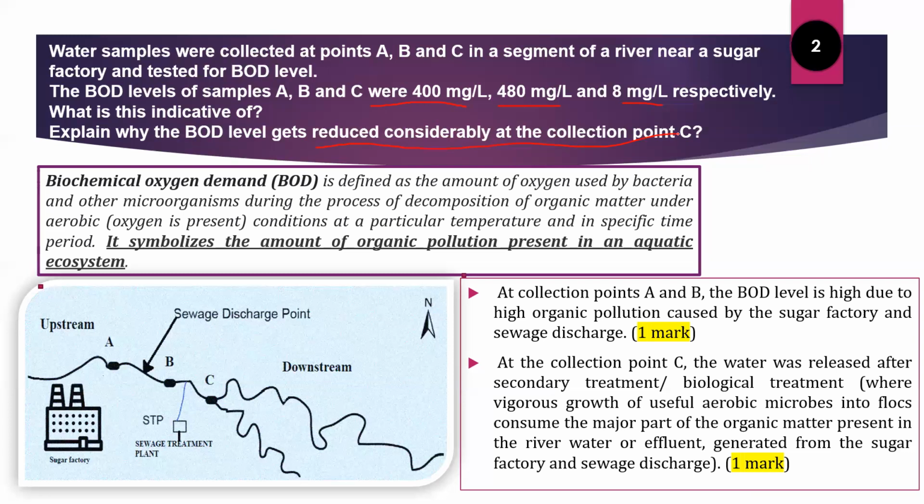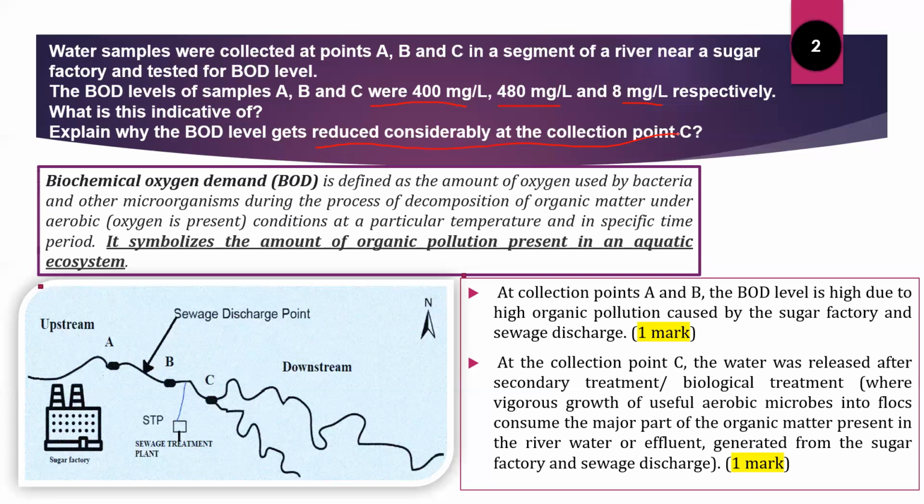So when we talk about organic pollutants, the microbes, particularly the bacteria, as well as other microbes, need oxygen for the degradation of the organic pollutants under a specified temperature and a given time period, so that the organic pollutants can be degraded and the water body becomes clearer and cleaner.